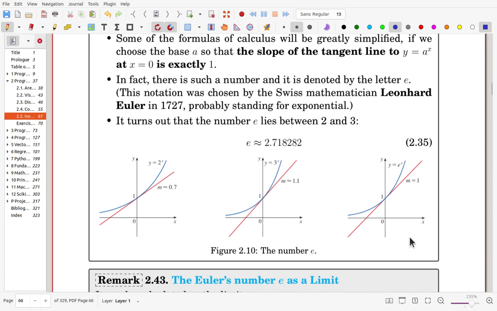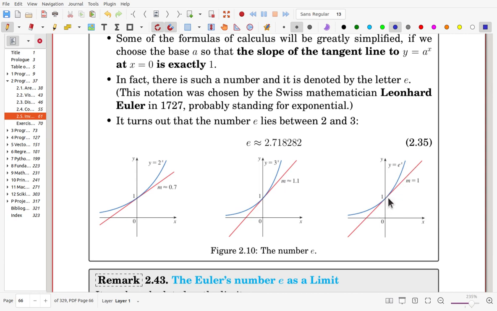And here Euler named the number e, and e to the x is passing this point with slope 1. So e is defined that way. e is the quantity so that y equals e to the x is crossing the y-axis with slope 1.